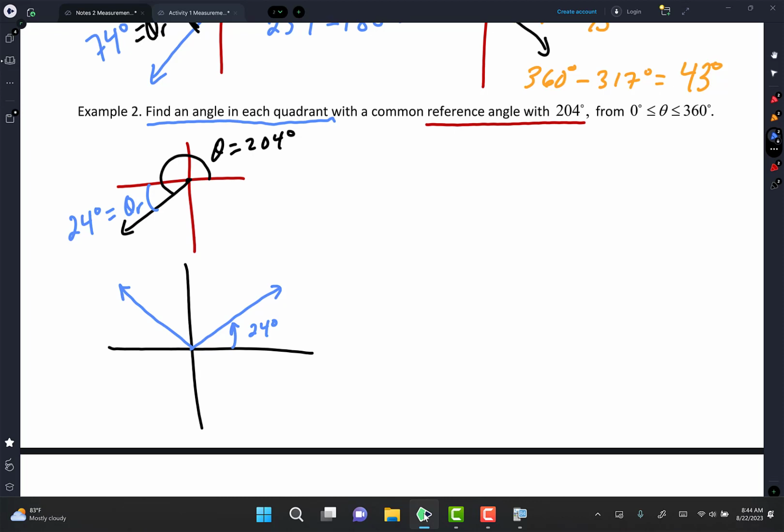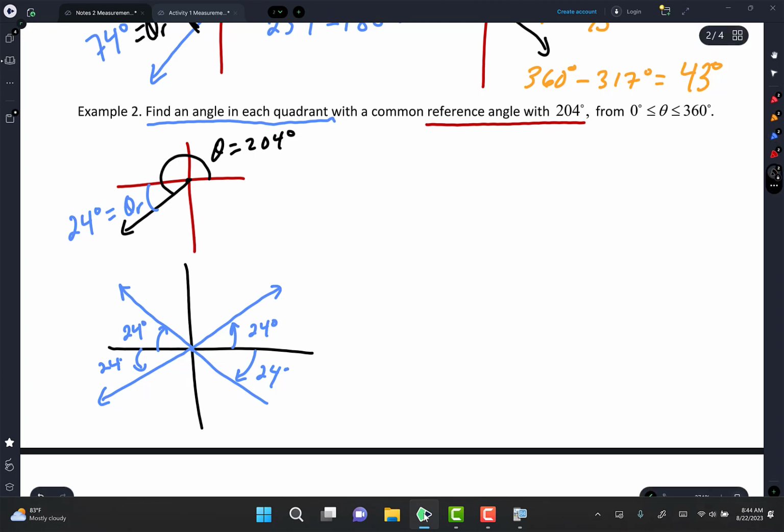That's 24 degrees. It doesn't have to be perfect if you have a protractor. That's 24 degrees. That's 24 degrees. And I know you're like, Chad, but you said if I go clockwise, it's negative. I'm using my reference angle. Reference angle is always positive. Are we okay? All right.